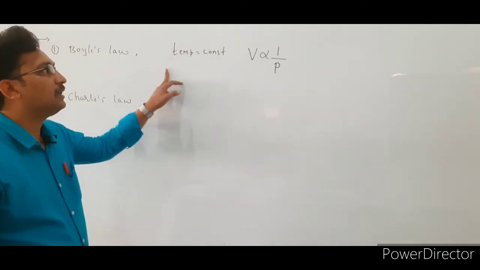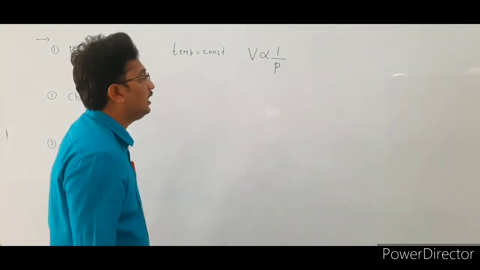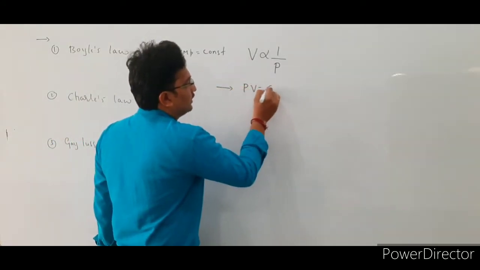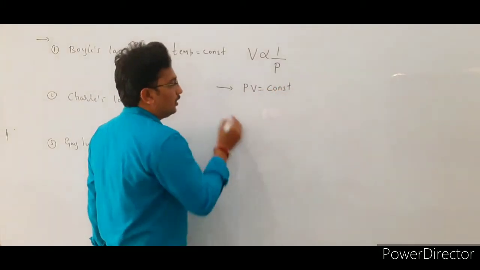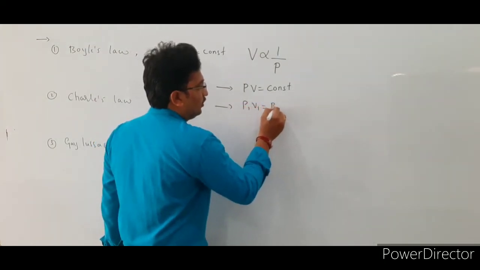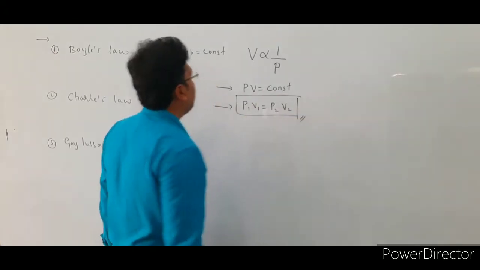At a constant temperature, the volume of a given mass of a gas is inversely proportional to the pressure. So in general, PV is equal to constant, or P1 V1 is equal to P2 V2, right? So this is the statement of Boyle's law.